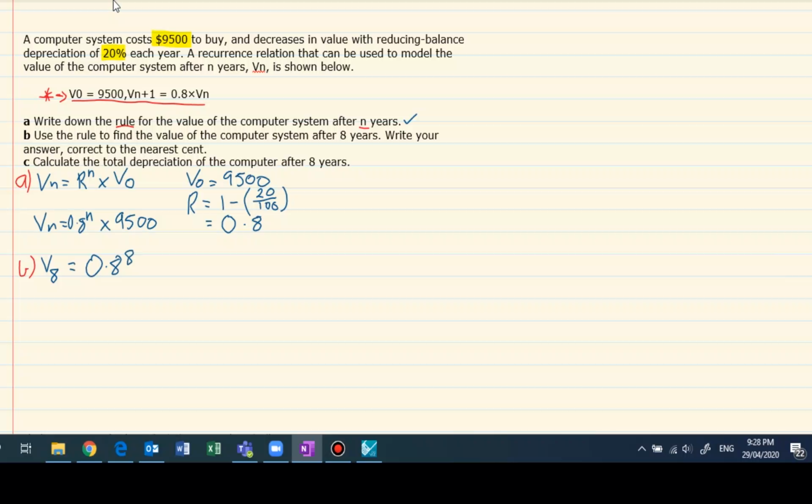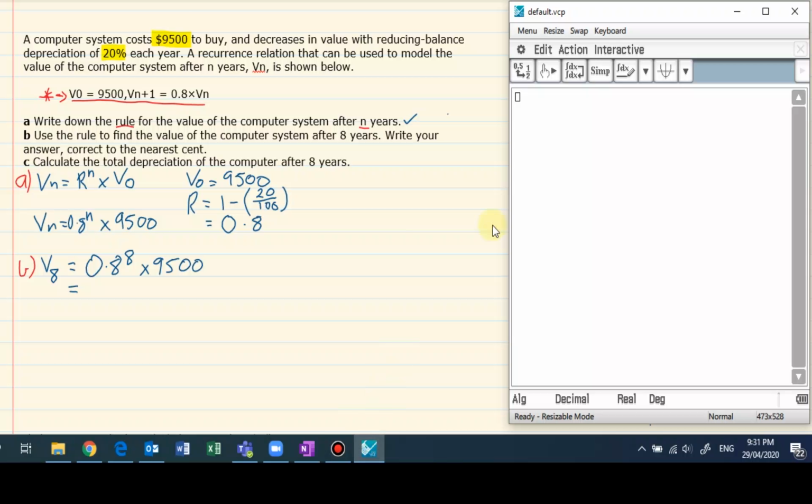So we're applying that 8 times, multiplied by $9,500. Okay, so once we've put all our known values into the model, we can now jump into our calculator.